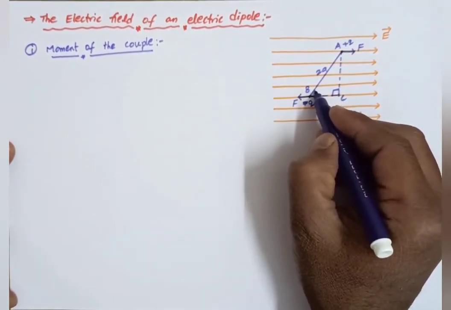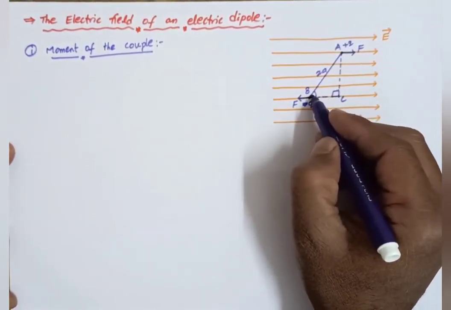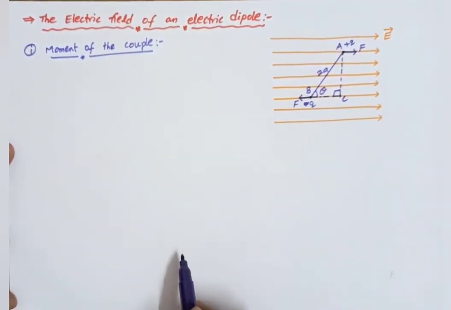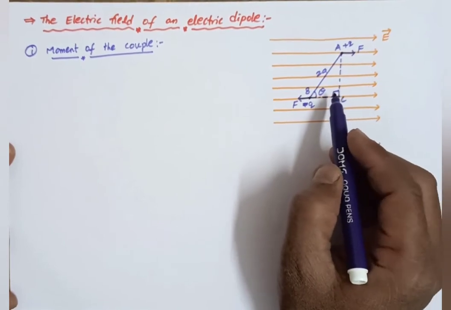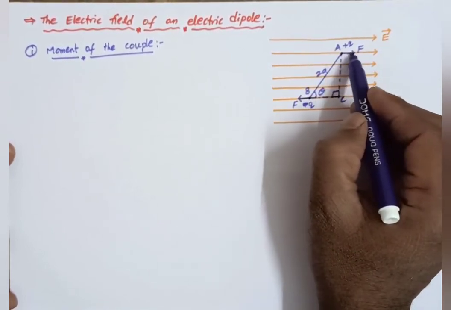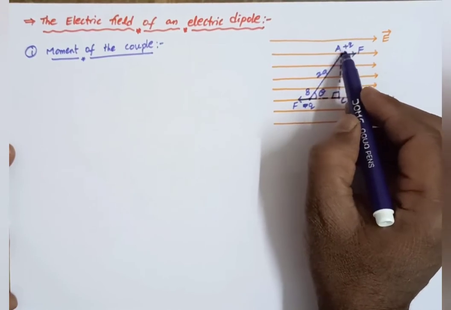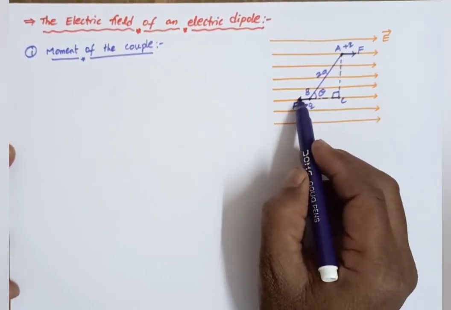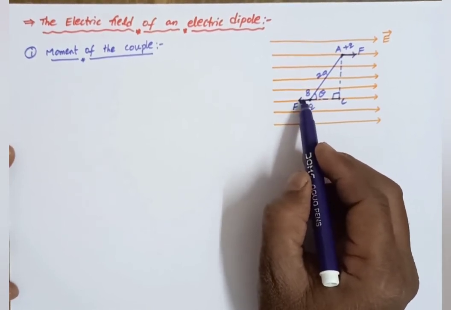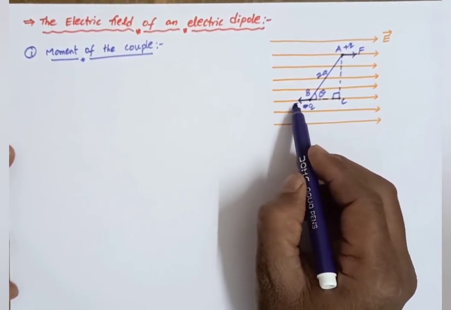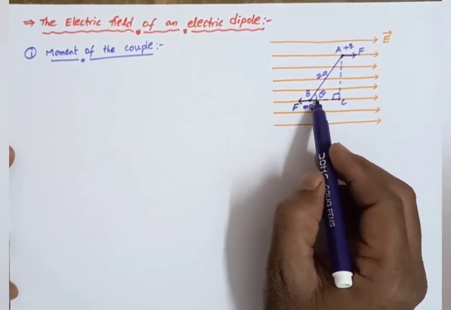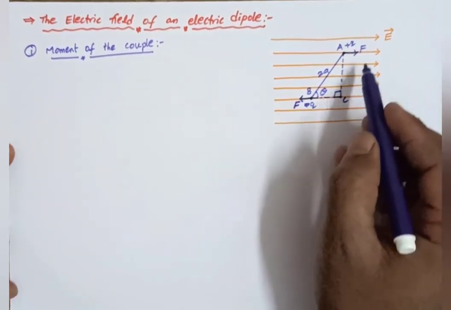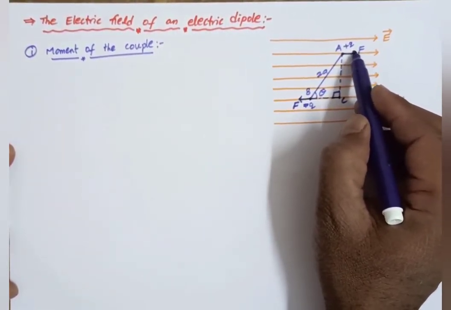This dipole makes an angle theta at this point. Now the force on point A is F, and at point B the force is in the opposite direction, that is minus F, because it is minus Q, and this is plus Q.